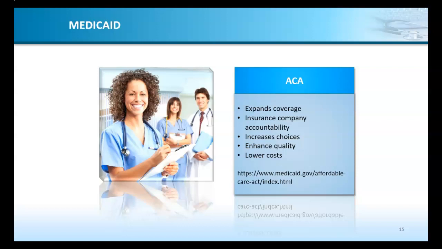An example of that: commercial insurance company contract rates for a clinical social worker may range anywhere from $60 an hour to $75 an hour to $100 an hour. Medicaid may pay that clinical social worker $65 an hour or $69 an hour, so it's somewhat competitive.